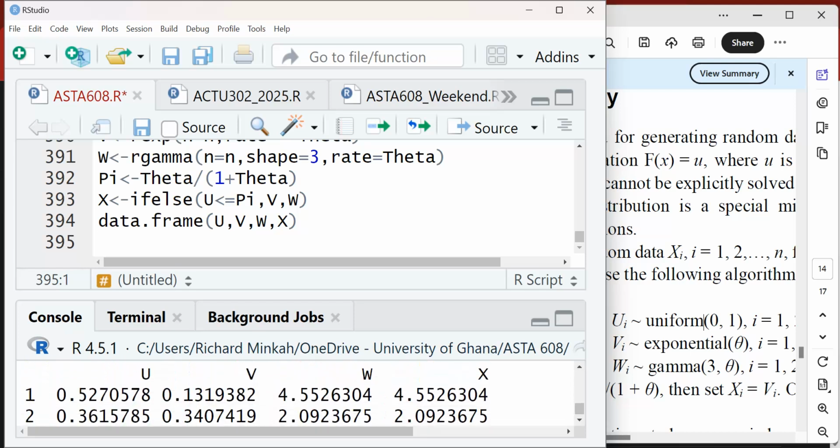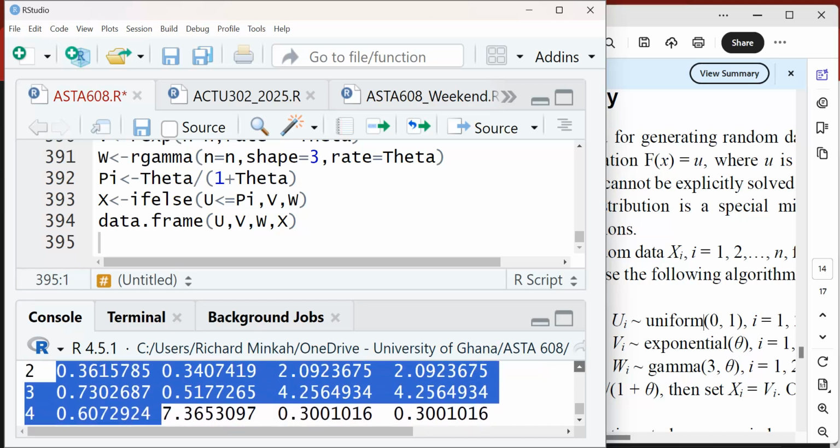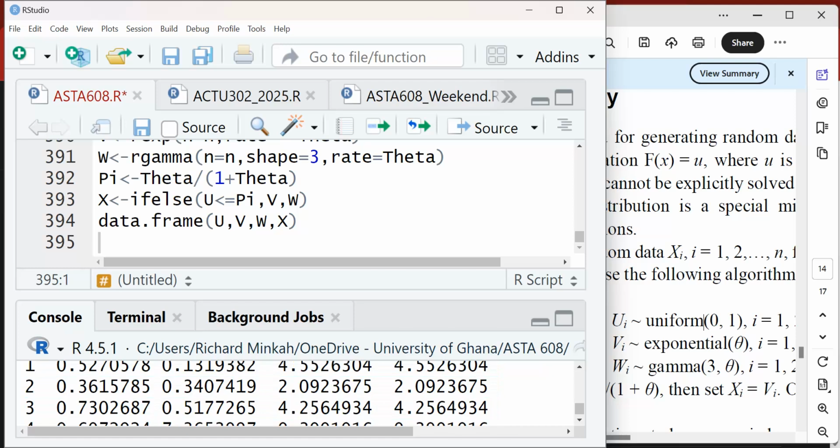So this one is U less than 0.33? No. So we have to choose our sample from W. So you see X is that. So the first one works. Then this one, is it less than 0.33? No. So we will still choose from where? W. So it's also 2 points, so it's fine.